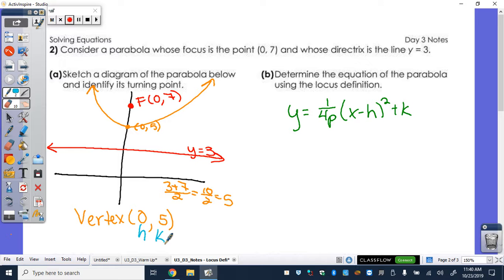So h, k, those are my values I'm going to use in my equation. Our value of p, again, how far is that vertex from our focus and our directrix? It's 2 from the directrix, it's 2 from the focus, so our p-value is a 2.